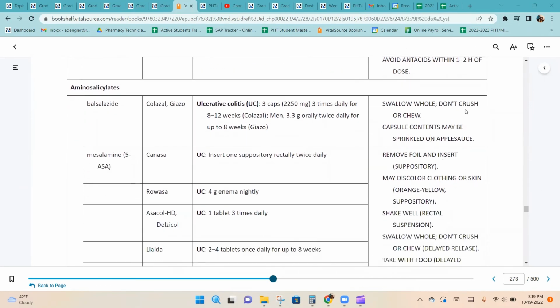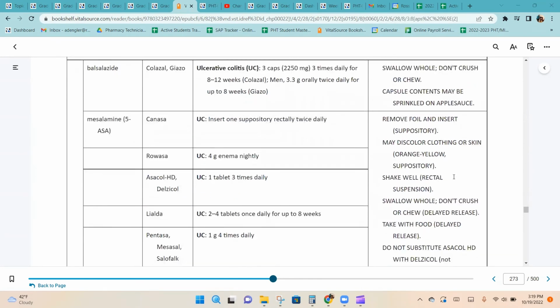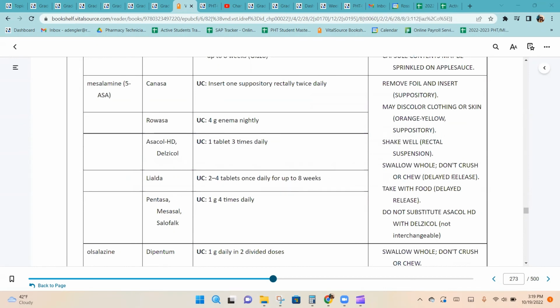For the aminosalicylates, for Colazal, we're going to swallow whole, do not crush or chew. The capsule contents can be sprinkled on applesauce. Canasa for UC is a suppository, so we need to remove the foil, then insert. The suppository can cause discoloration to clothing or skin.